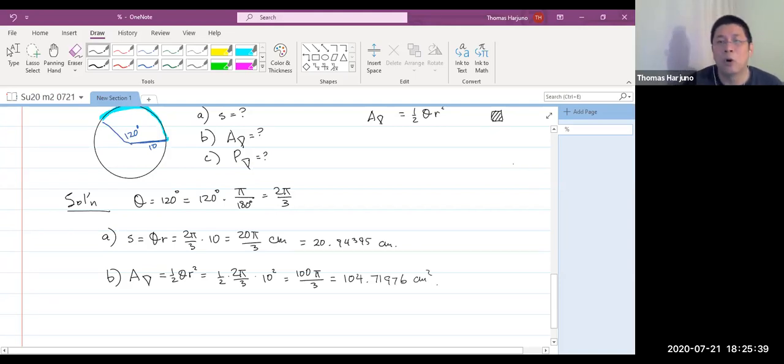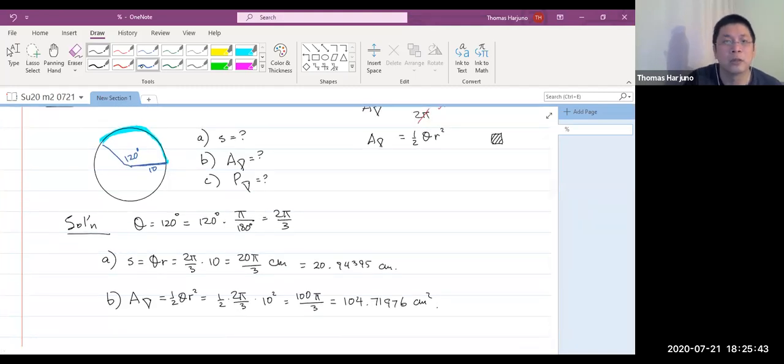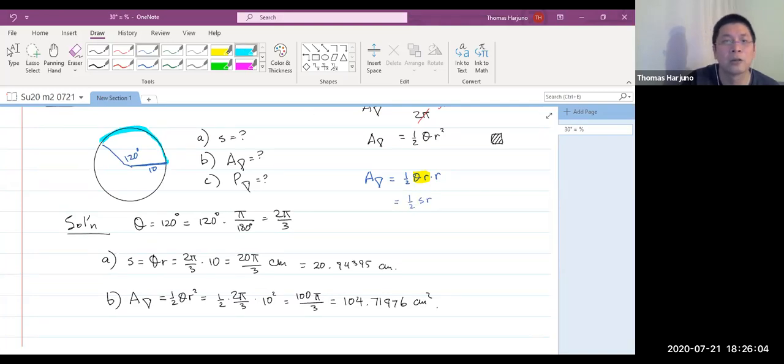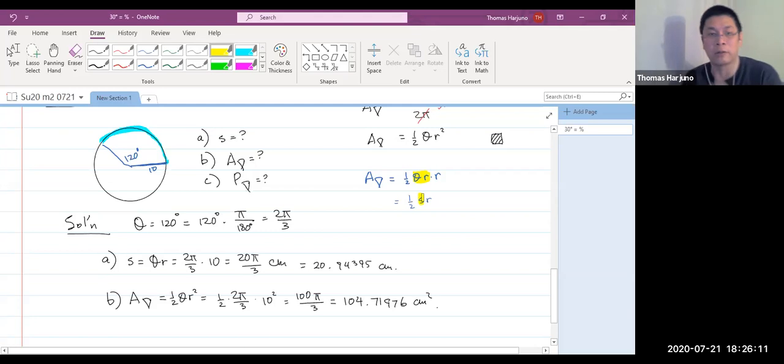Oh, by the way, before I go on with part C, we see that the area of the sector is equal to 1/2 times theta r times r, right? And theta r turns out to be the arc length, so this is now equal to 1/2 s r. If you happen to know the arc length and the radius, you can find the area of the sector directly.